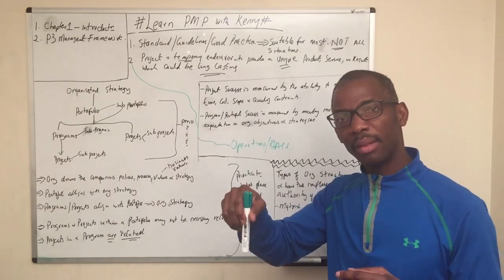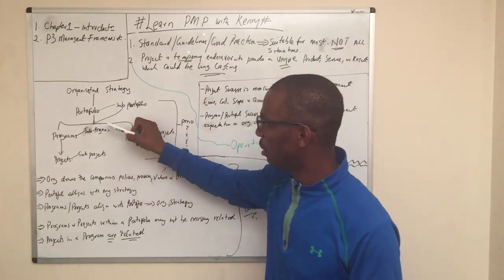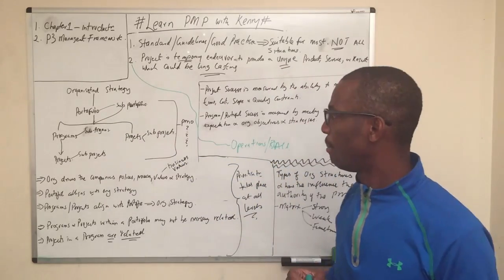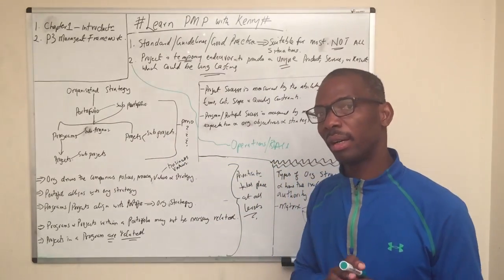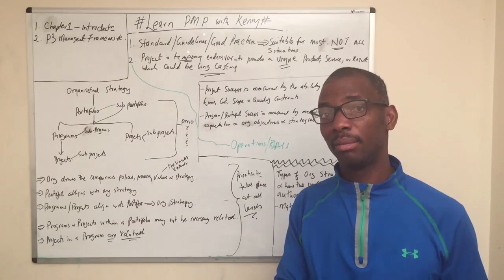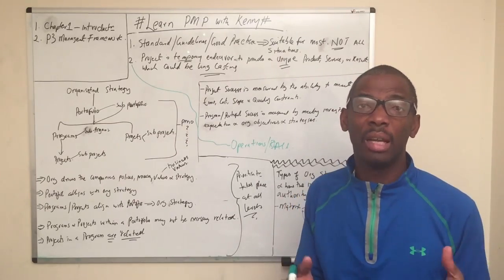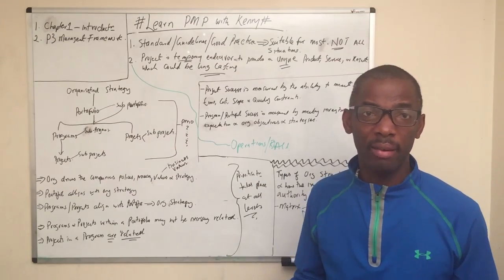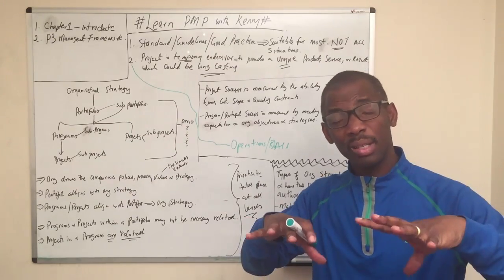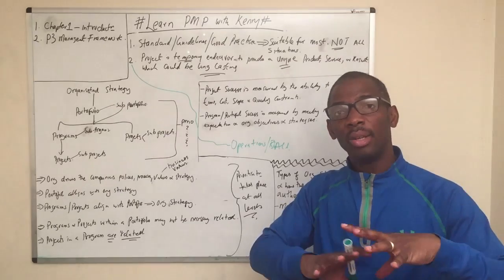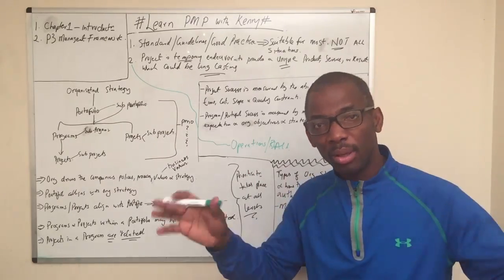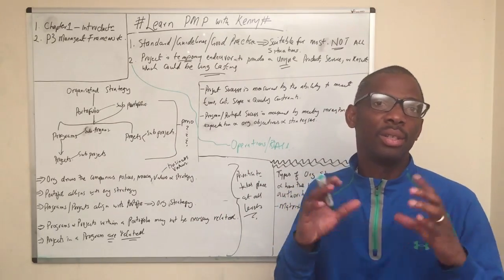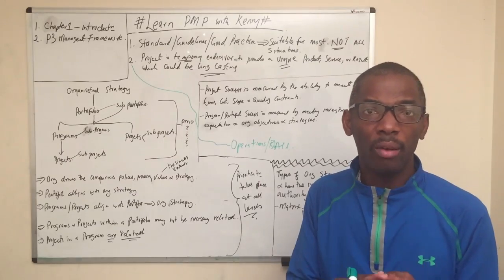And then down that line, you have what you call portfolio management. Now, not every organization has a portfolio management office or portfolio. Not everyone does. It depends on the size of the organization, depends on what they care about and what they don't care about. But from the context of the PMP guide, we're talking large projects, usually big organizations, and you need to make sure you are fully aware of this.